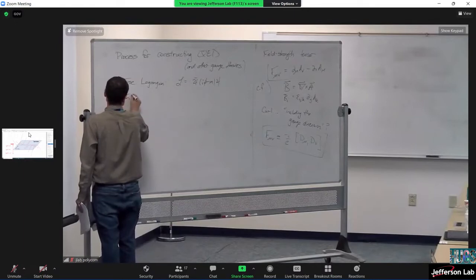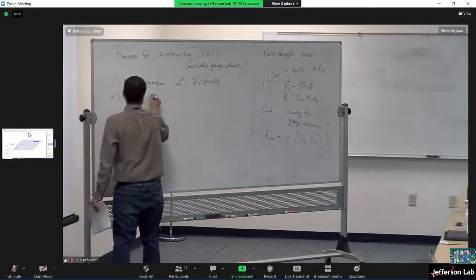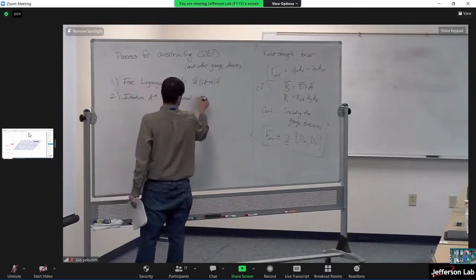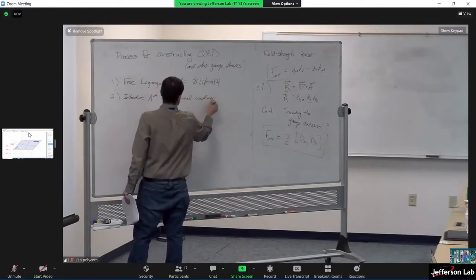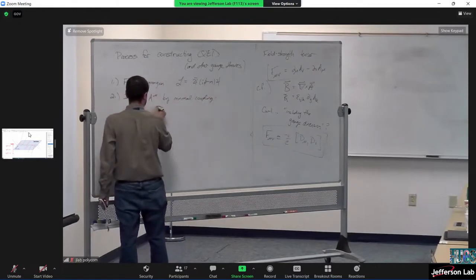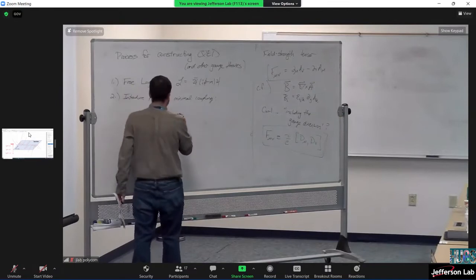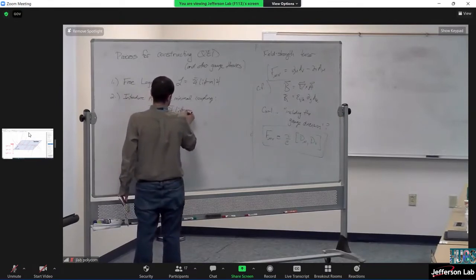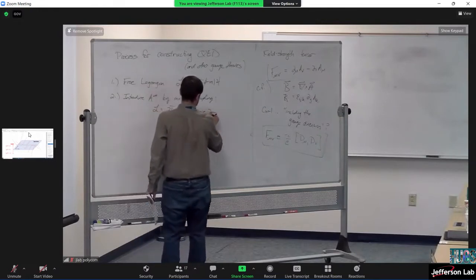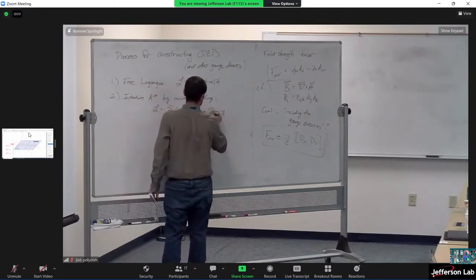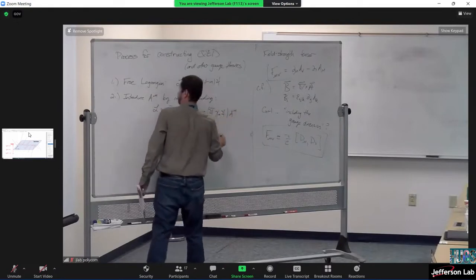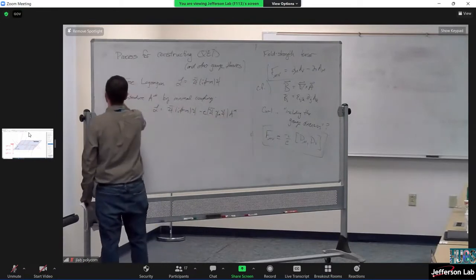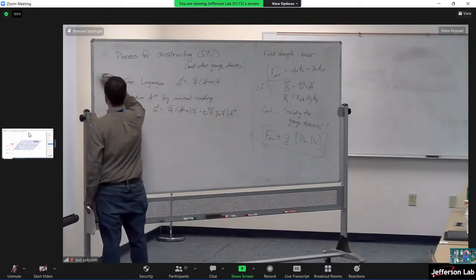Second step is introduce a vector field by minimal coupling. We said we're going to add to this Lagrangian a coupling of the form J dot A. And I guess in between, before you know how to add this extra term, you need to know what is the conserved current.